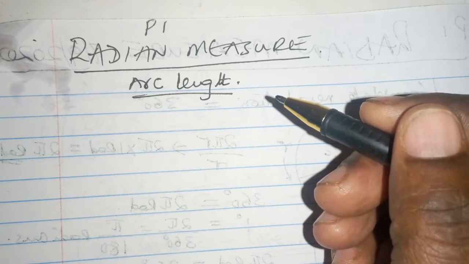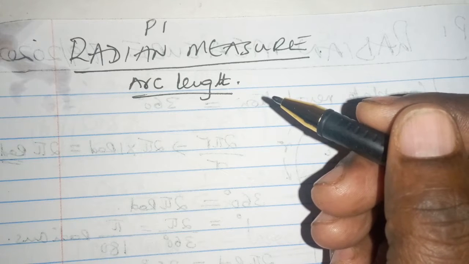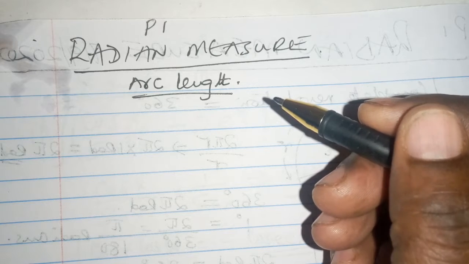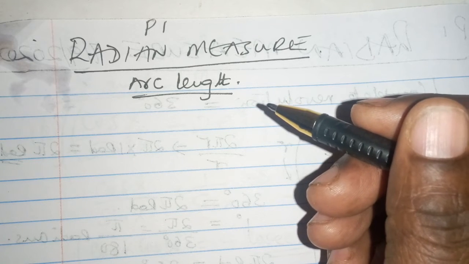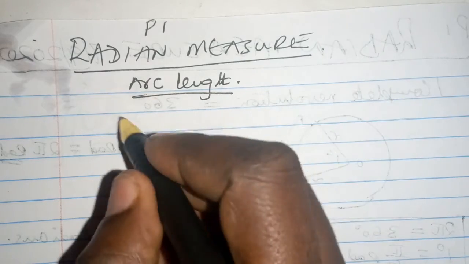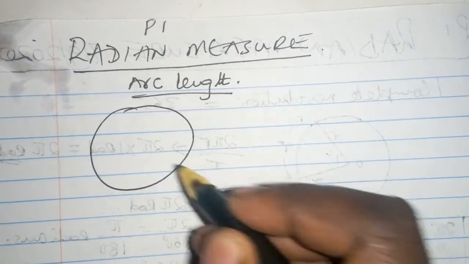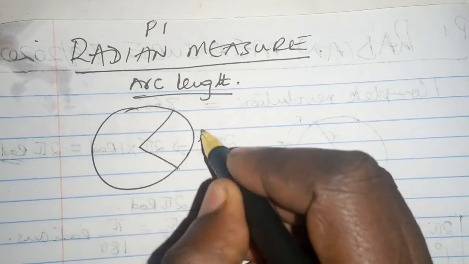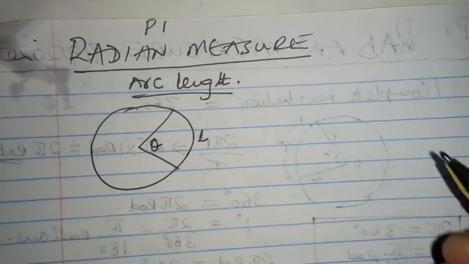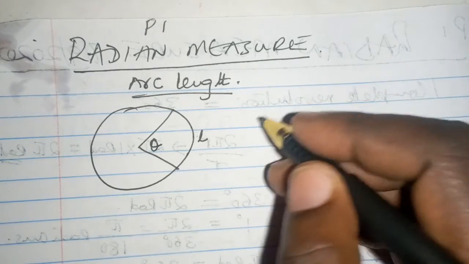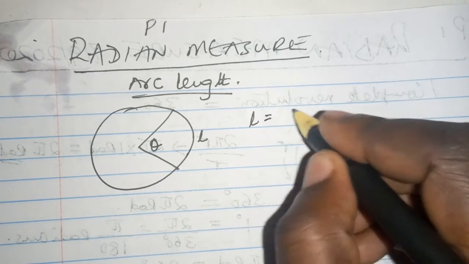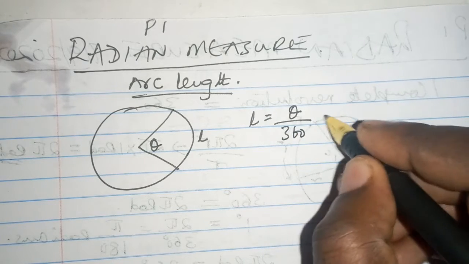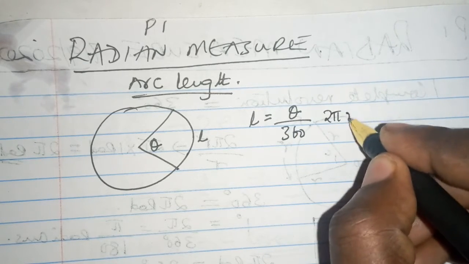We are being told that using radians greatly simplifies the formula for arc length. Ordinarily, if we have a circle of that nature and we want to talk about this length, and there's a theta there, we simply know that the arc length is a portion, theta out of 360, times 2 pi r.